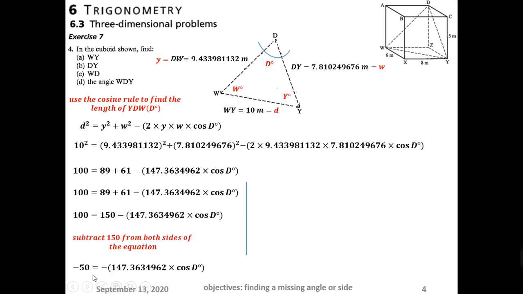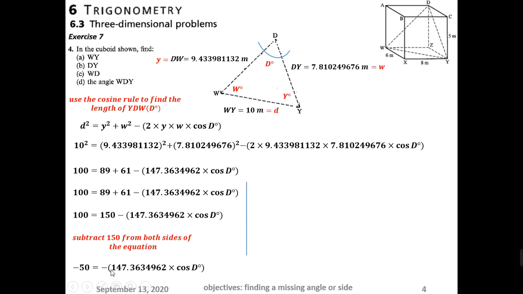So 100 minus 150 will be minus 50. Here it means minus 147.4 times cosine D. So we're going to get rid of minus 147.36.